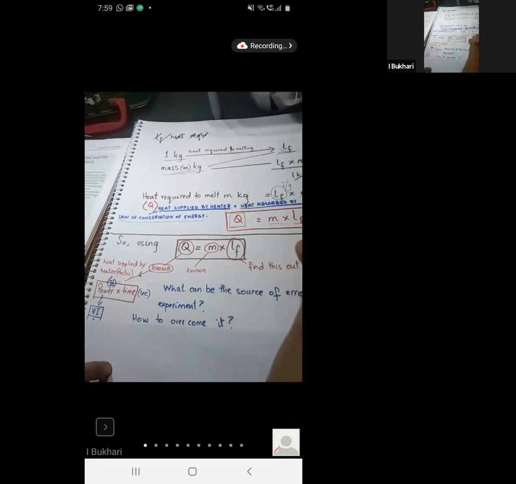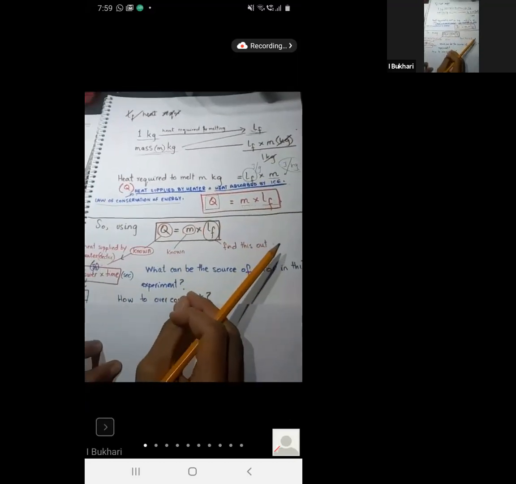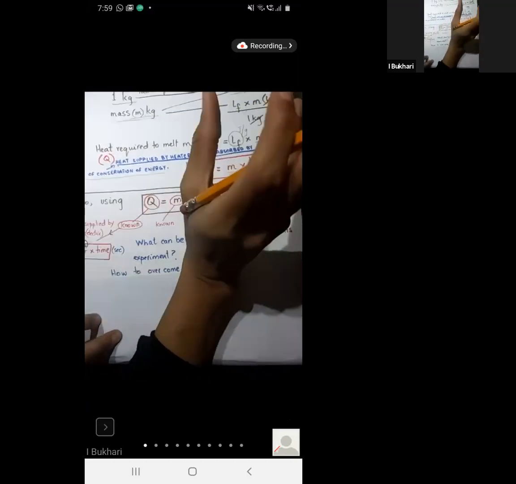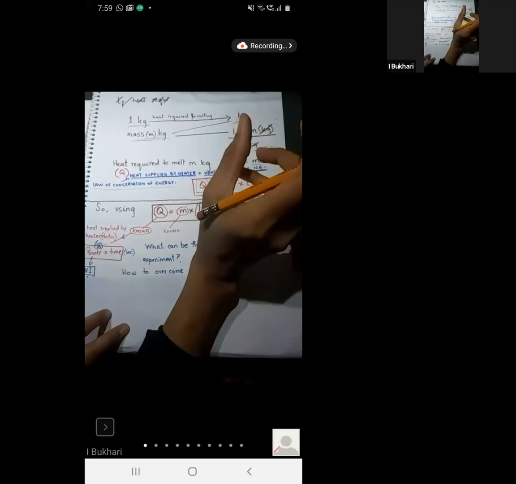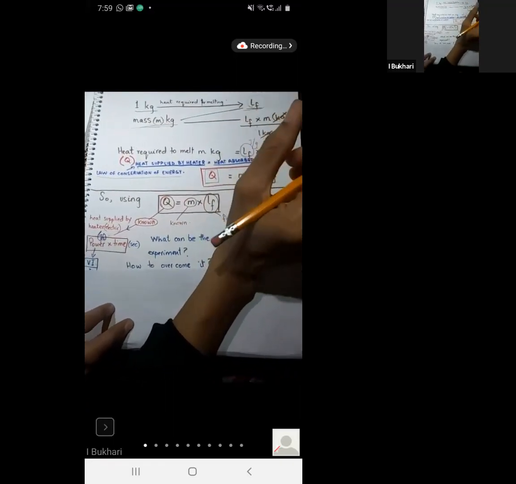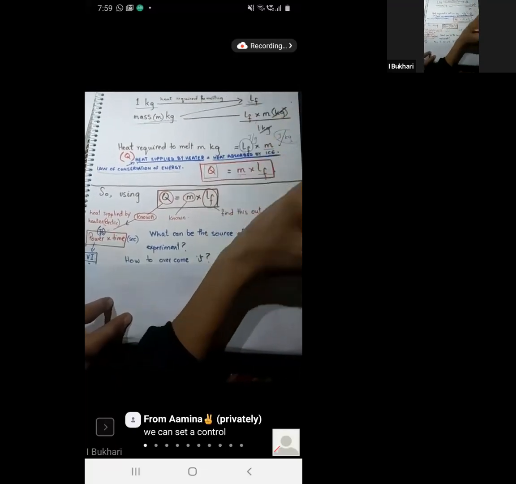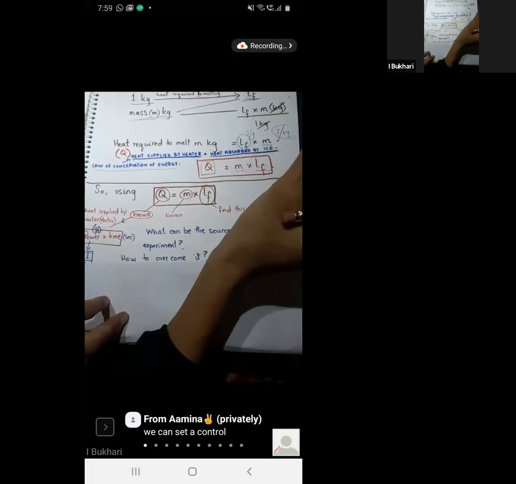If we can find that out, we can subtract it from the total ice melted. Then the mass that we will be left with will be the ice that melted purely due to the heat provided by the heater. But how can we get that? How can we get the mass of ice that melted due to the surrounding temperature?